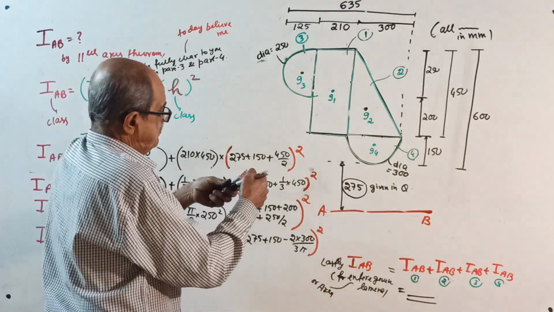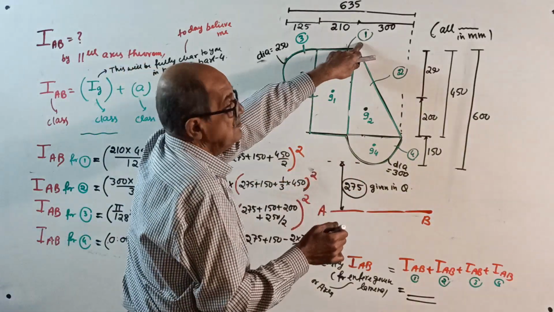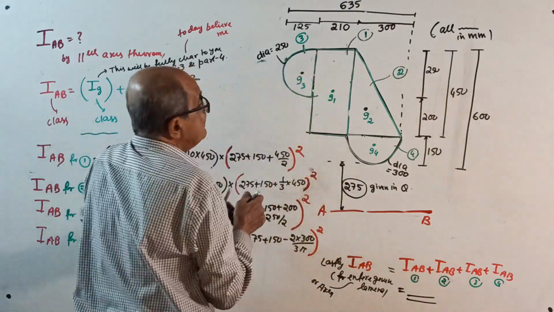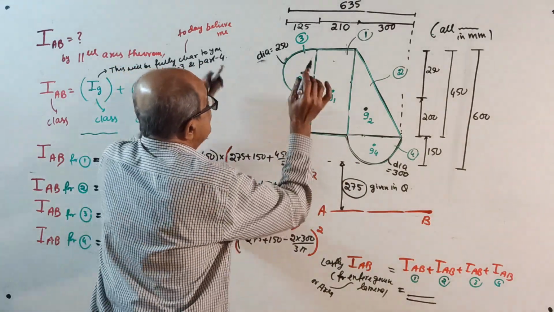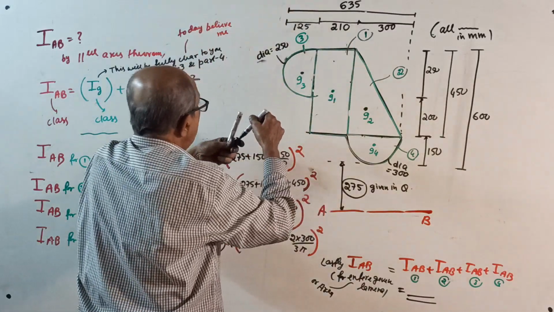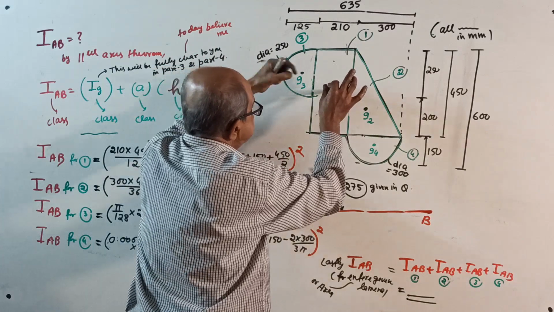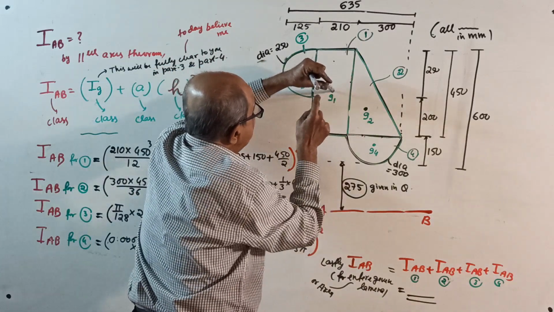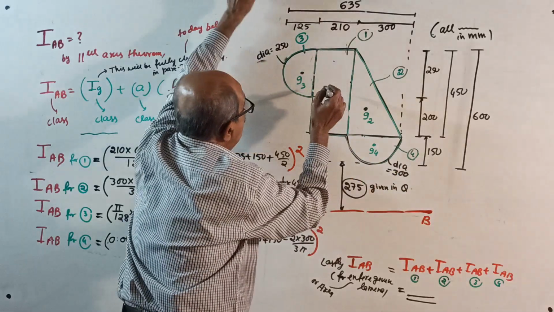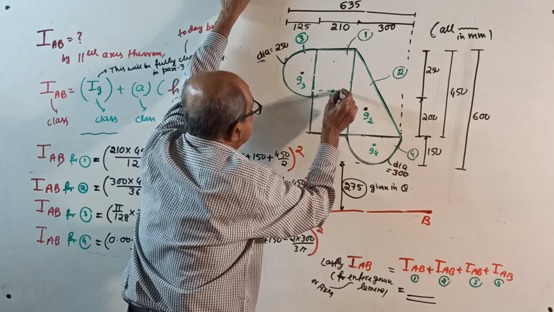Start. First come to 1. See only 1, nothing else. Mark the centroid, the axis passing through the centroid and parallel to AB. It is this axis.